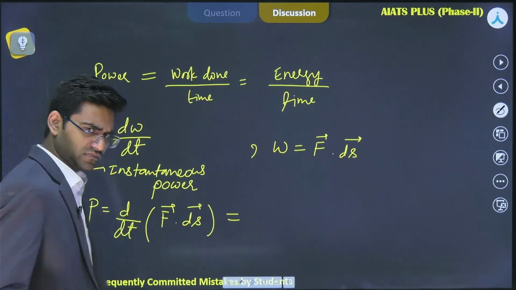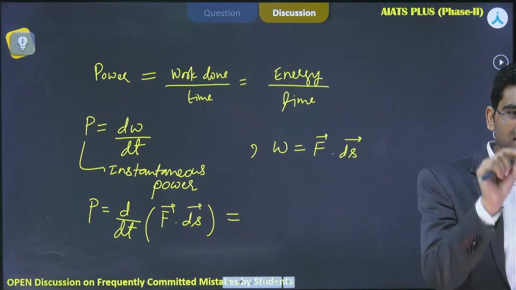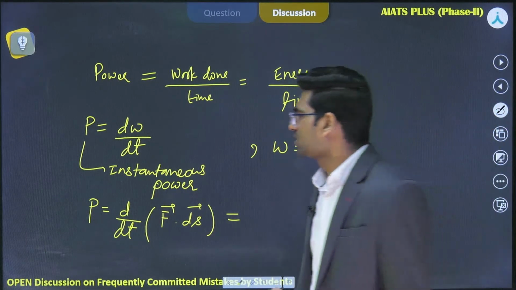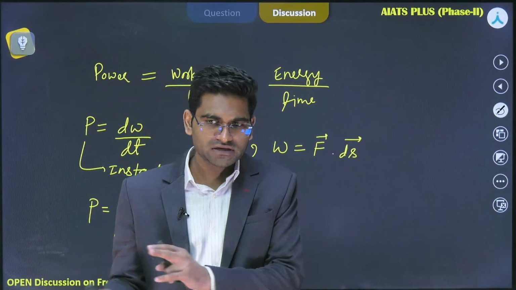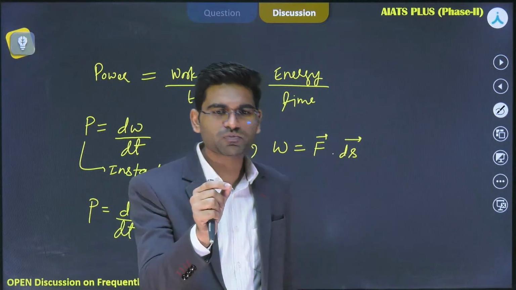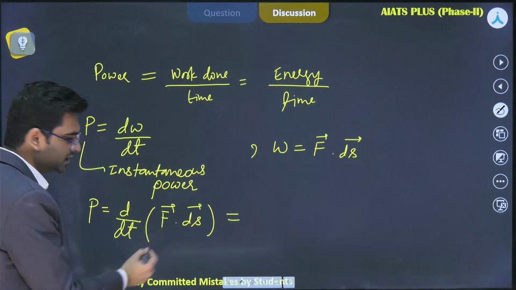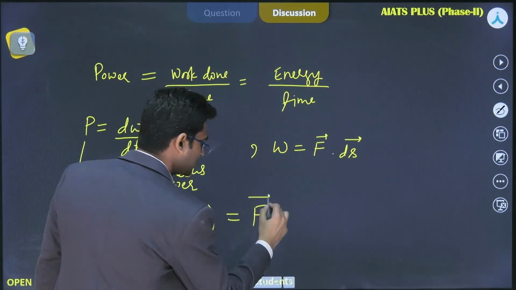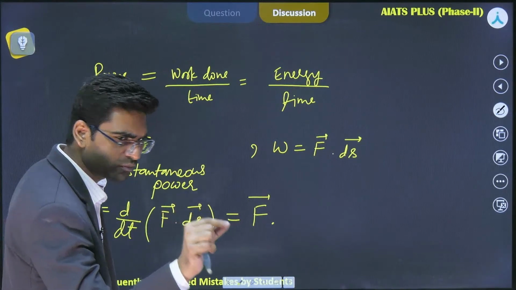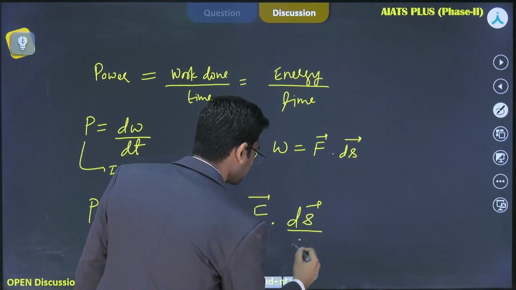Now for a very small time, almost tending to 0, we can assume that the force remains constant. It could be variable over a long time, but for a very small time it will remain constant, right? So when I differentiate, the force remains constant for that small time, so this will become F dot ds by dt.